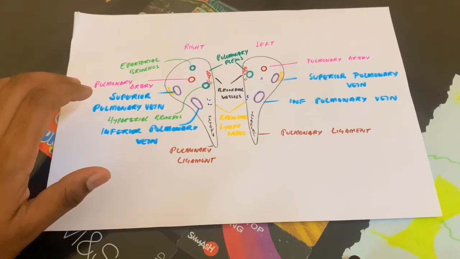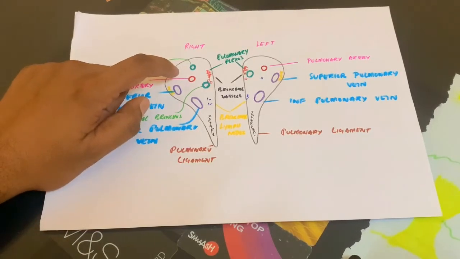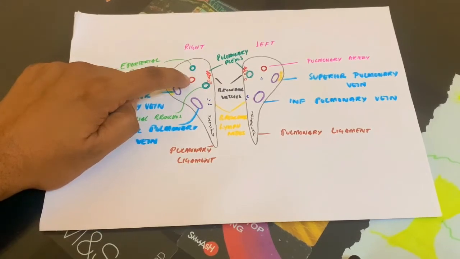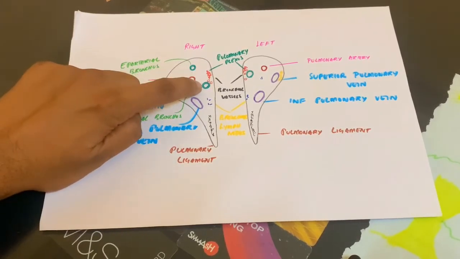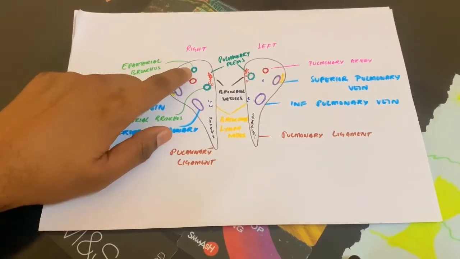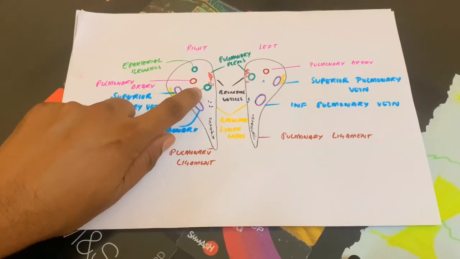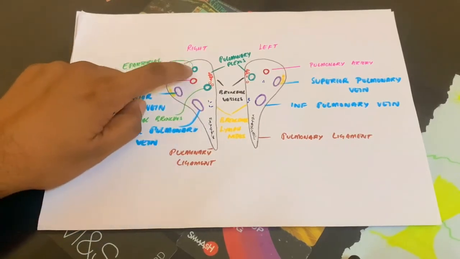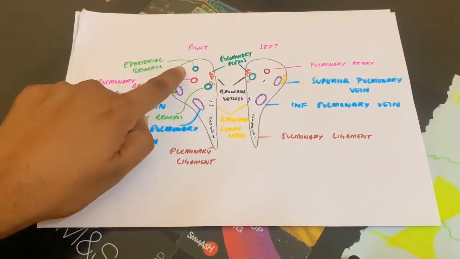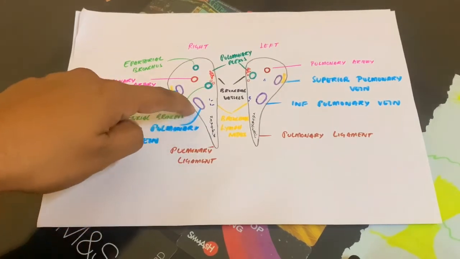lung, the arrangement of the structures will be like this from above downwards: you will have the eparterial bronchus, then the pulmonary artery, then the principal bronchus, then the lower pulmonary vein.